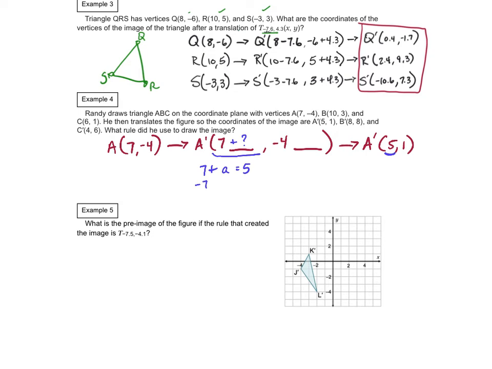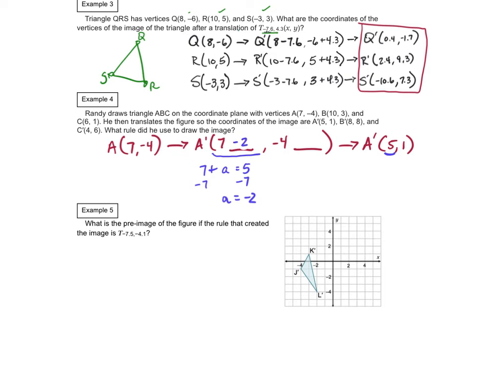If I subtract 7 from both sides, I find out that A is equal to negative 2. So I actually moved minus 2 on my X value. So the translation rule would have been negative 2.